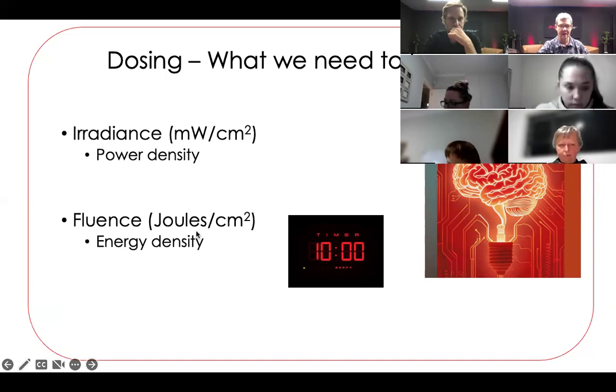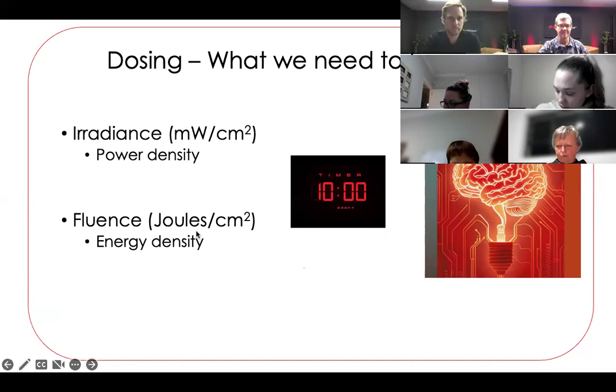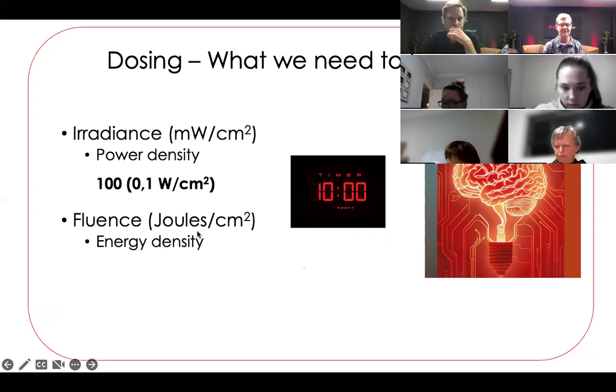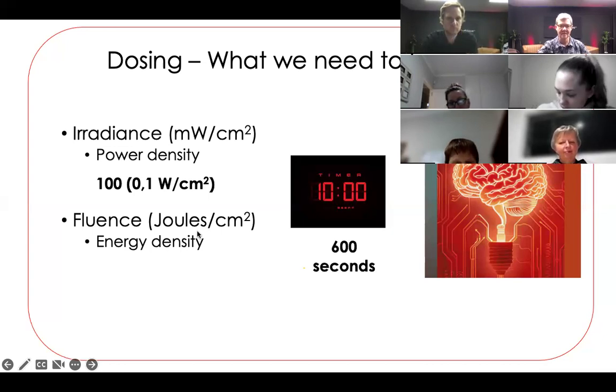And let me illustrate this by saying that if we had a device that is having an irradiance of about 100 milliwatts per centimeter squared, or 0.1 watt per centimeter squared, and we put the person under that power for 10 minutes, so that would be 600 seconds, we would say that our dose is 60 joules per centimeter squared.